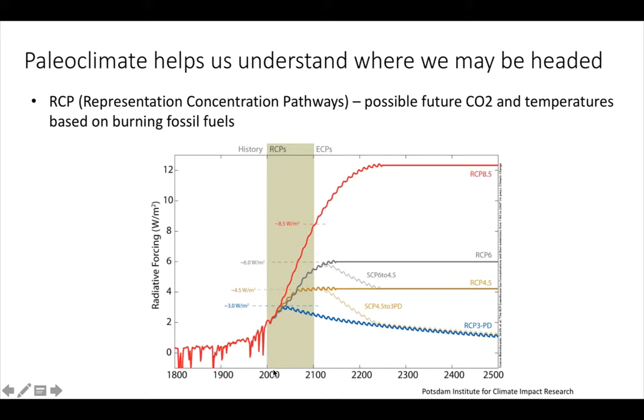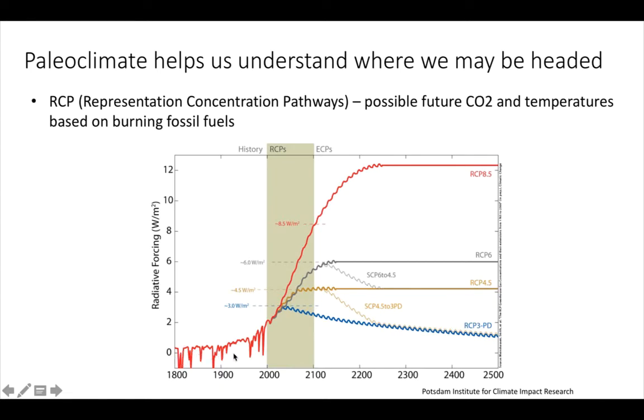We're somewhere around here. These lines are called RCPs, or representative concentration pathways. These are put together by government institutions, and they show the possible future carbon dioxide and temperature regimes based on estimates of how much fossil fuels we will burn.